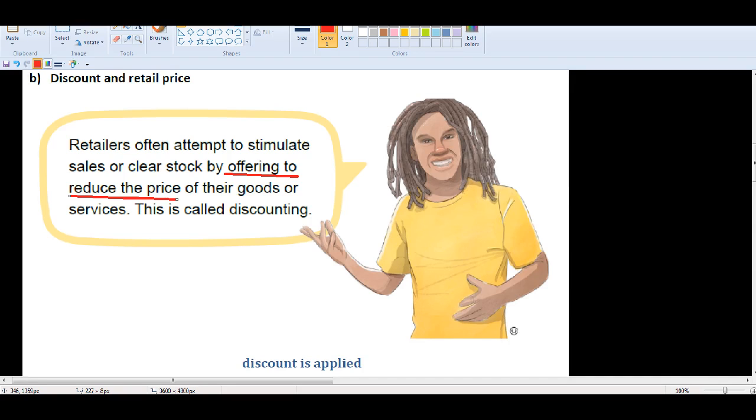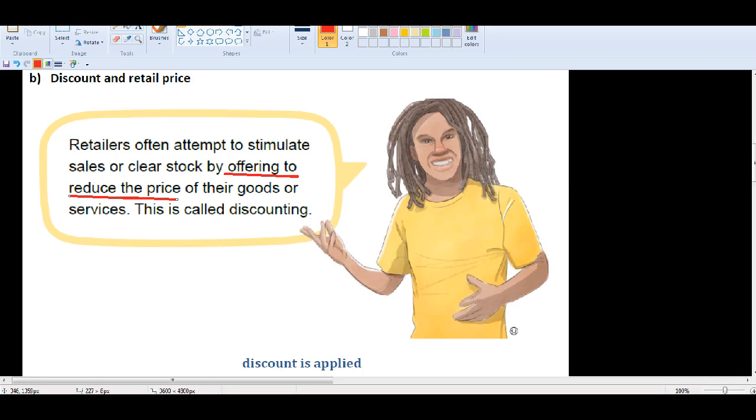So you must sell the goods higher than the cost price. But offering a discount is doing the opposite thing, because you need to reduce the price.